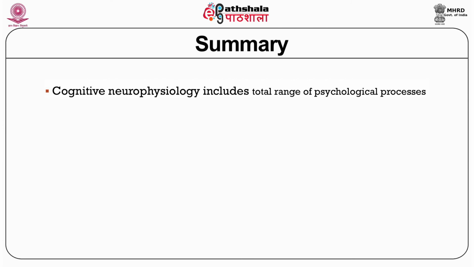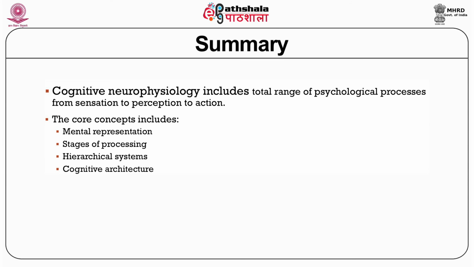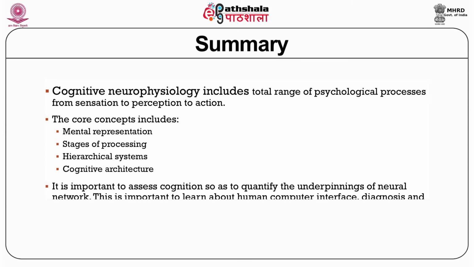So with this, I would like to summarize my lecture. Point to be remembered is cognitive neurophysiology includes total range of psychological processes from sensation to perception to action. Then there are certain core concepts which include the mental representation, the stages of processing, the hierarchical system, and the cognitive architecture.